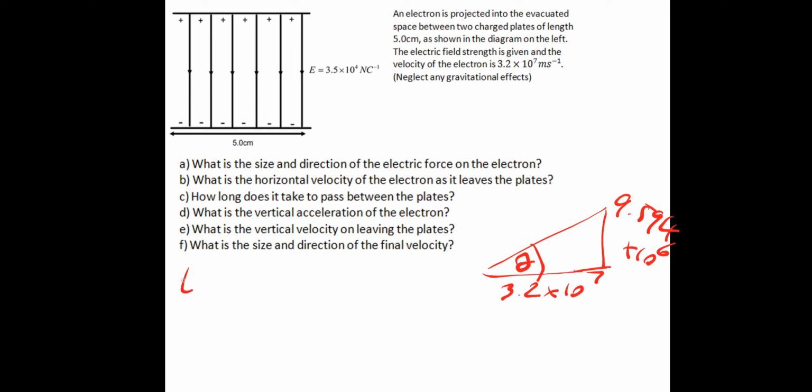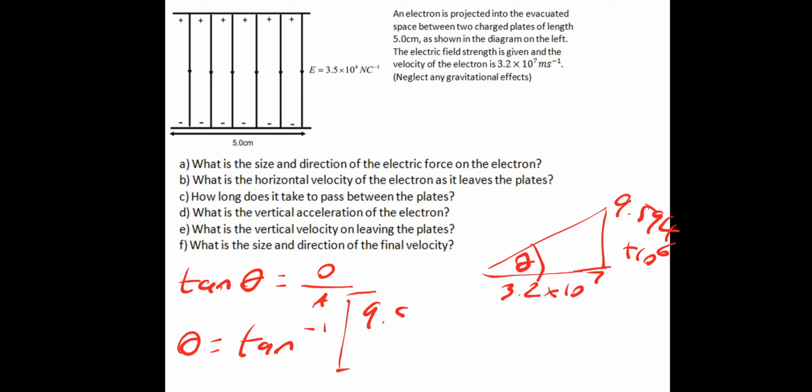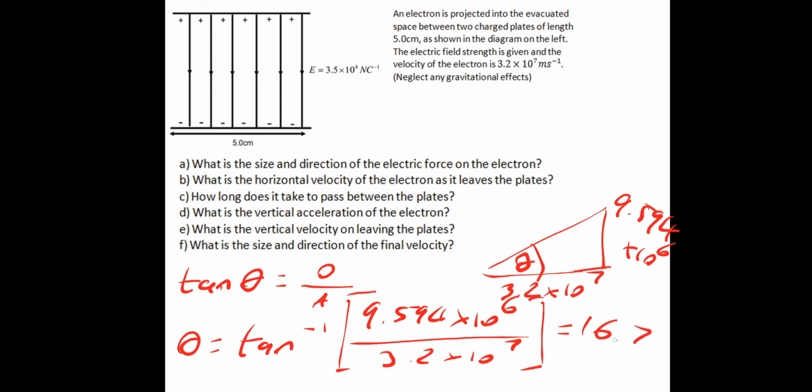So tan theta is equal to opposite over adjacent. So theta is going to be the inverse tan O over A. So opposite is the 9.594 times 10 to the 6 divided by the adjacent, the 3.2 times 10 to the 7. And if you put that in your calculator, you'll get an angle of 16.7 degrees from the horizontal.